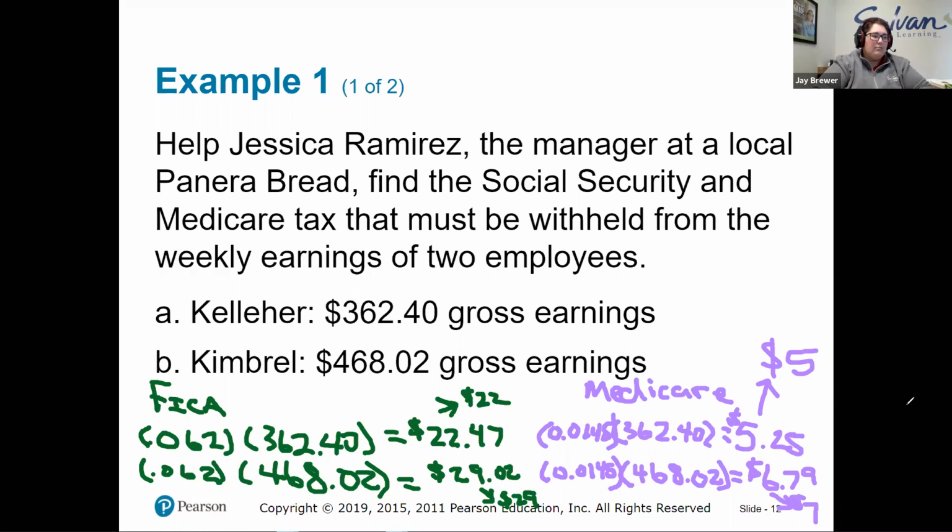On your regular pay stub, it's just going to take out the $6.79.